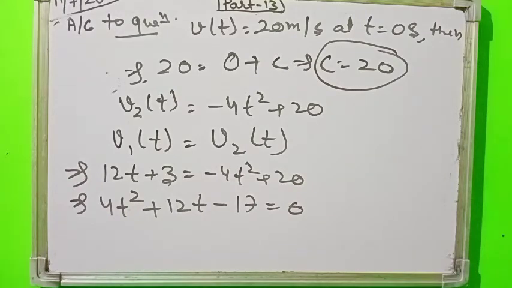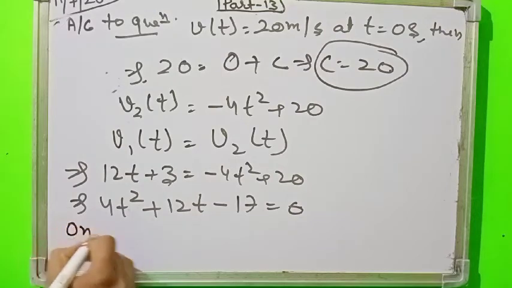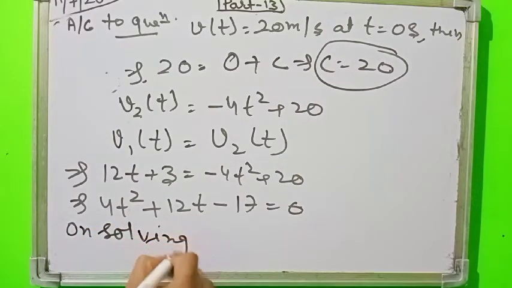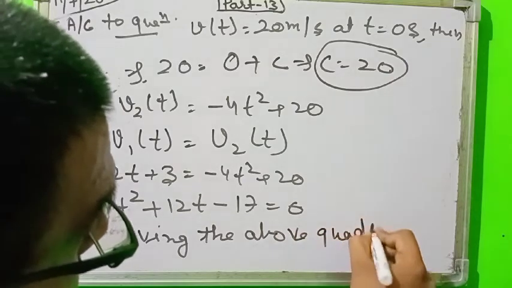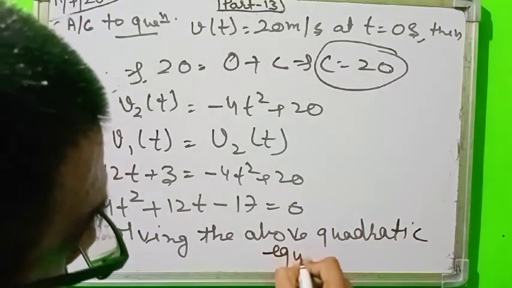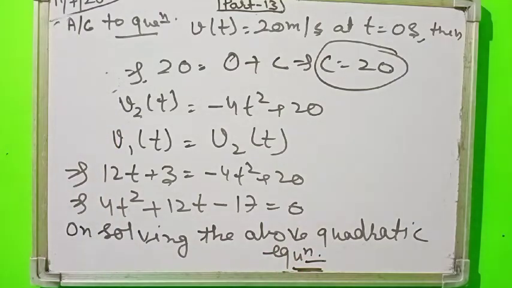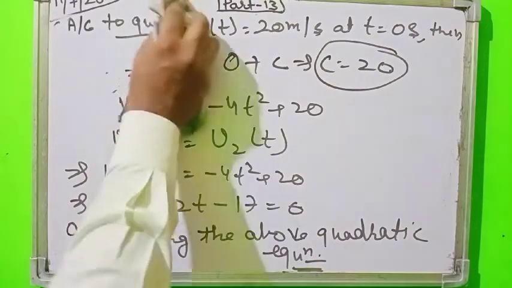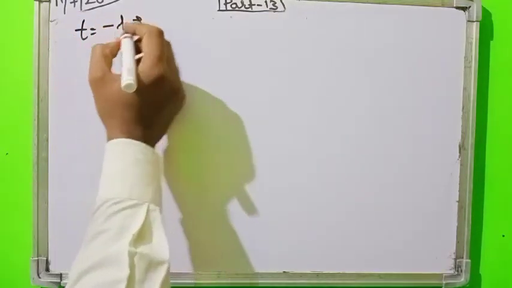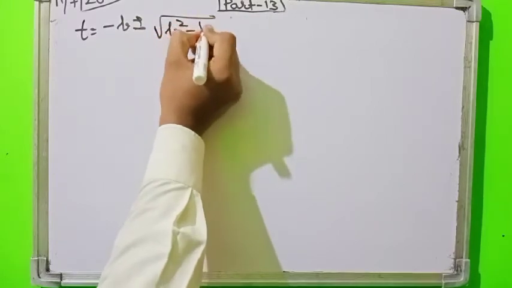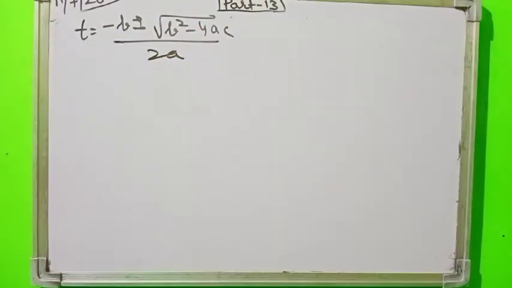So simply by using the quadratic equation rule, that is the discriminant method, we have to solve the above quadratic equation to get the value of t. t is equal to minus b plus minus under root b square minus 4ac upon 2a.